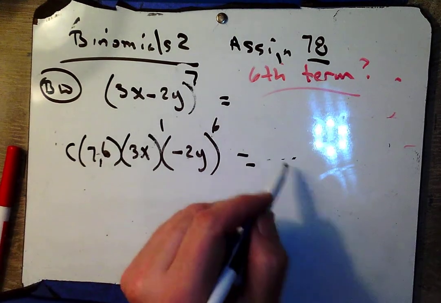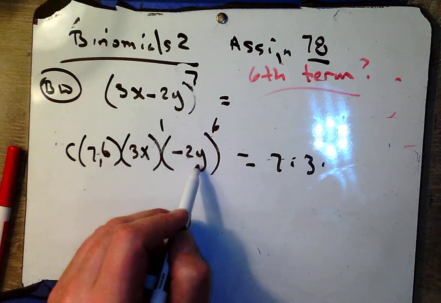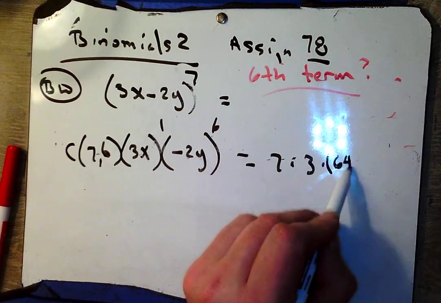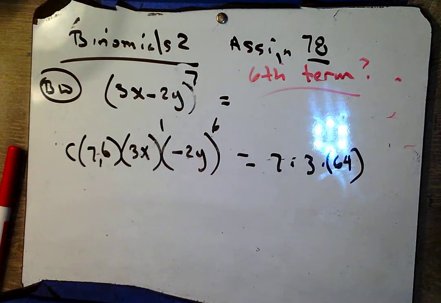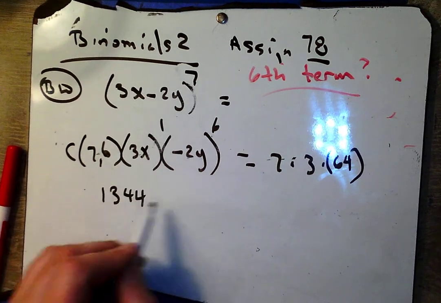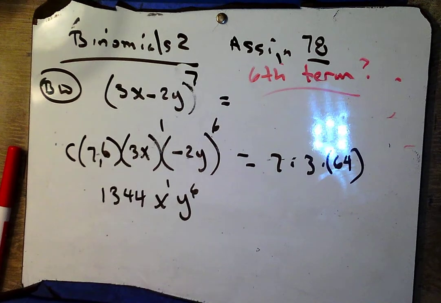So I'm going to have 7 times 3 times 2 to the 6th is 64. So I've got 21 times 64. And that gives me 1344 x to the first, y to the 6th.